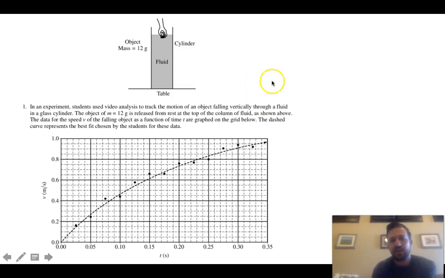It's going to reach what we call terminal velocity, where it won't accelerate anymore at all, and it looks like it's almost reaching that terminal velocity. That would be when the velocity levels out and does not increase as time goes by anymore. So right now we can see that the acceleration is decreasing with time.